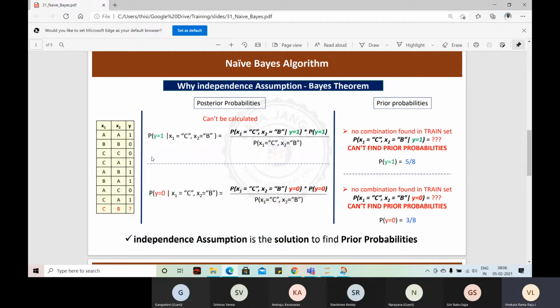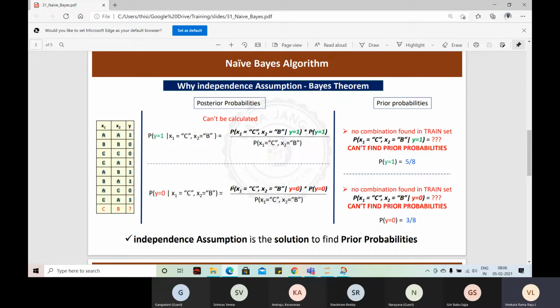Do we have a b and c combination in our train set anywhere? No, right? And for 0 also the same thing. So you will not be able to calculate the probability if a new record comes in with a combination that is not present in the data set.